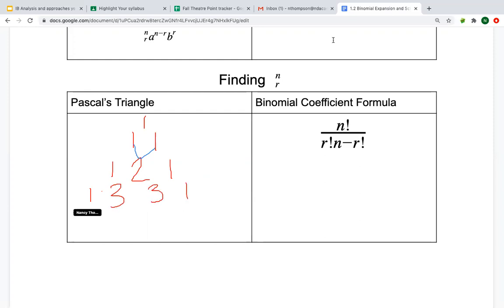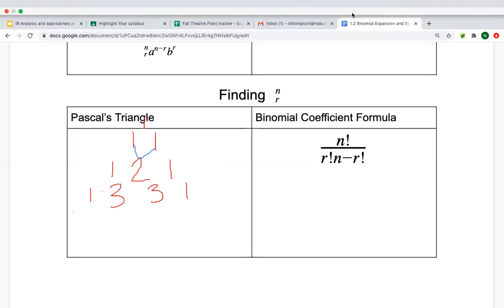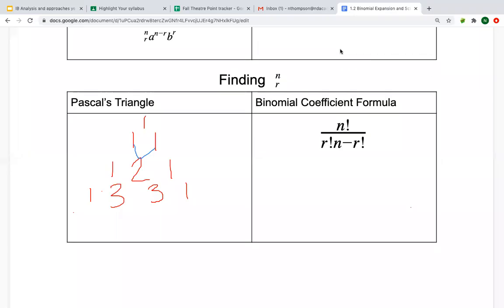Our next row would be, sorry, I keep on zooming in with my hand. Sorry, so the next row would be 1, 4, 6, 4, 1.